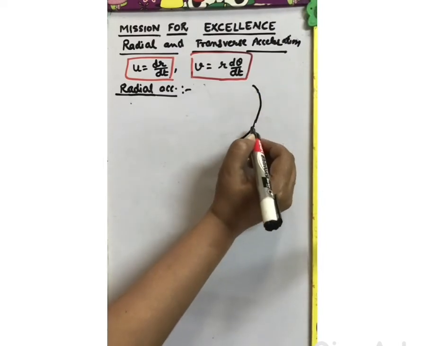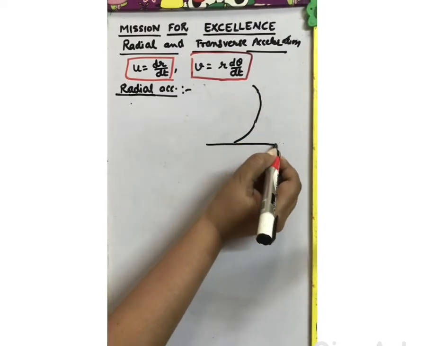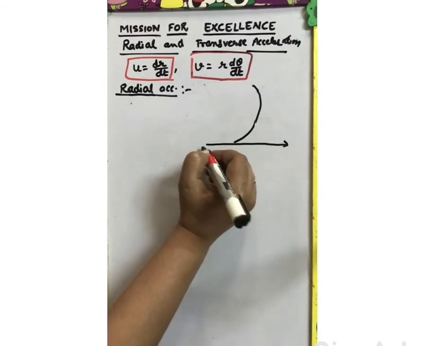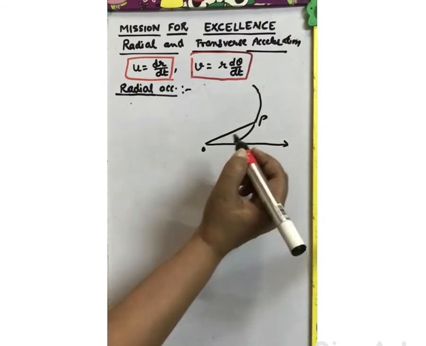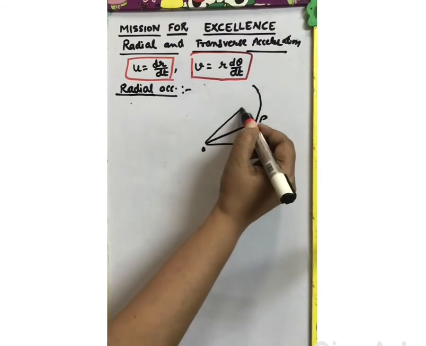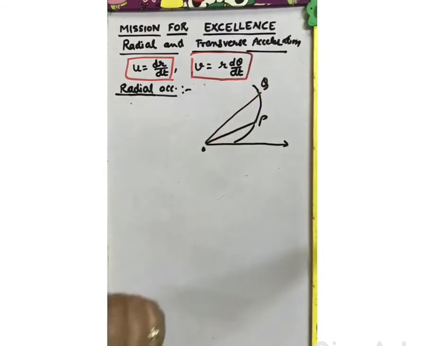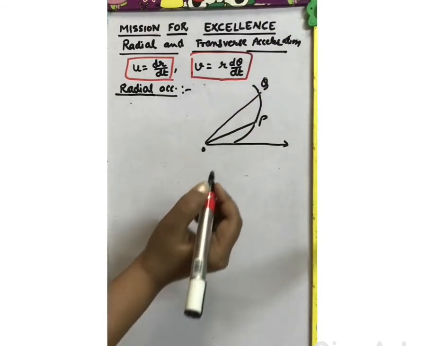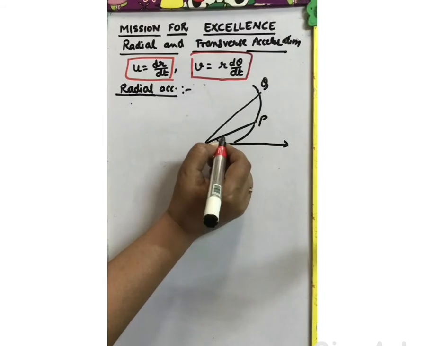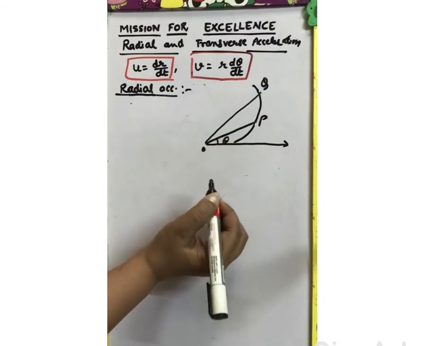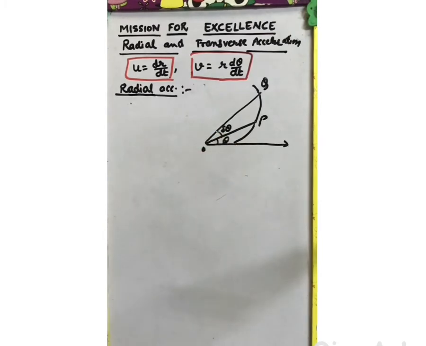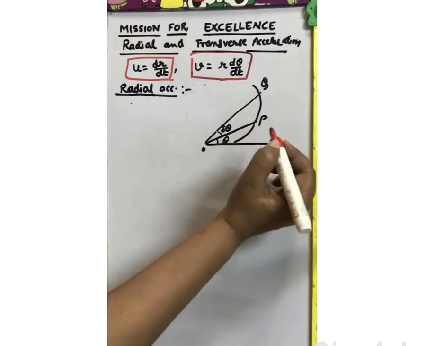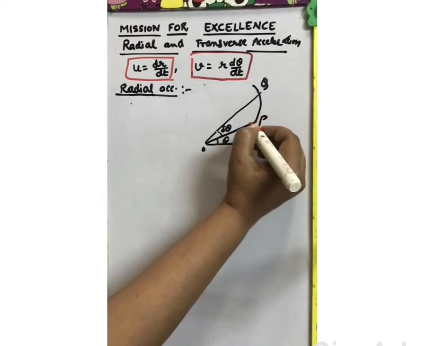At some time t, its position is P with respect to origin O, and after delta t time, its position is Q. The angle which it makes with the x-axis is theta, and after some time the change in angle is denoted as delta theta.